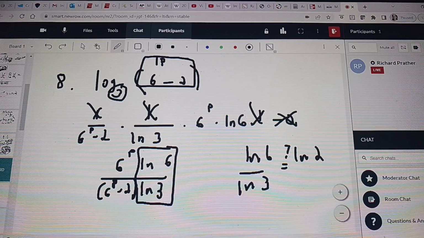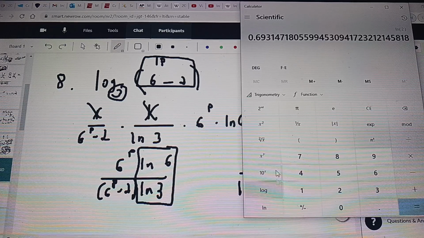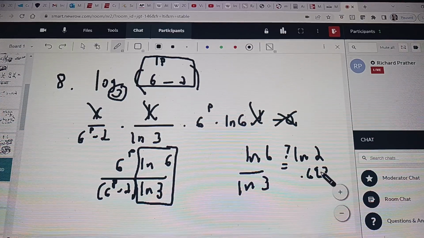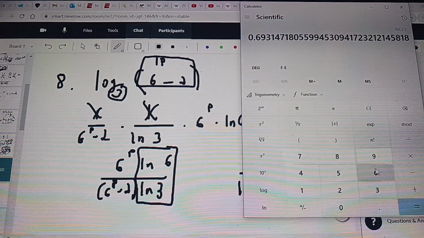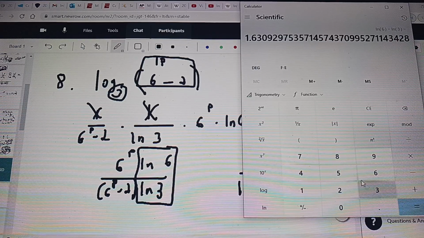Well, one way to tell is just check it on a calculator. What is ln of 2? ln of 2 is about 0.693. So if I took ln of 6 and divided by ln of 3, does it equal 0.693 or not? ln of 6 divided by ln of 3 equals, see, it's not the same thing, 1.631.